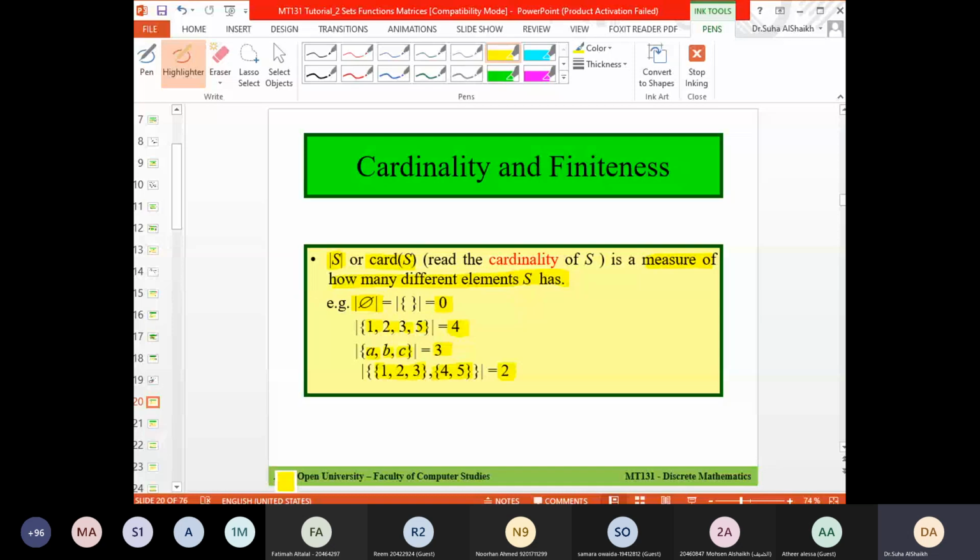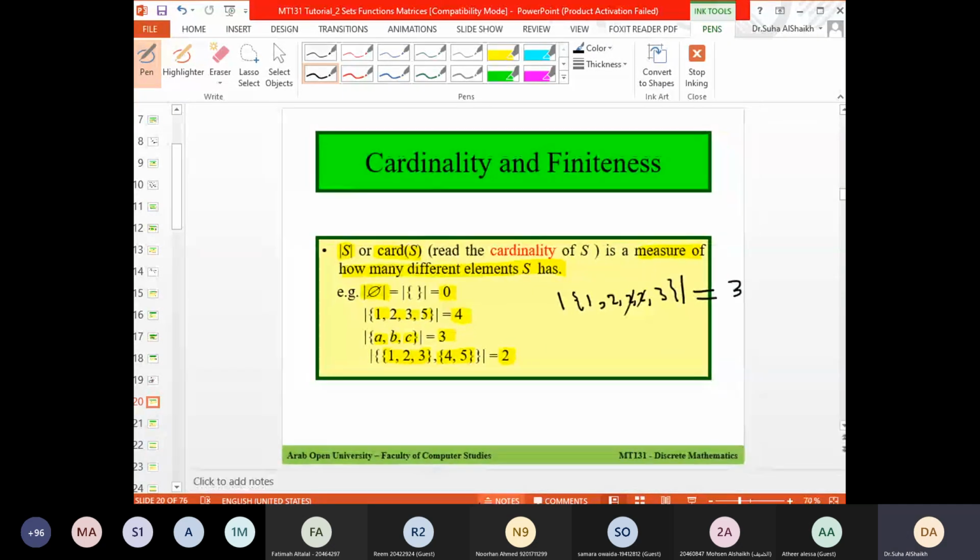This is a set containing two sets, so the cardinality is 2. Now, what's the cardinality of the set {1, 2, 2, 2, 3}? 3, because 2 is repeated and we count it just one time. Why 2 here? Because it is a set of 2 sets, so I count just the two sets. You have to be careful here.